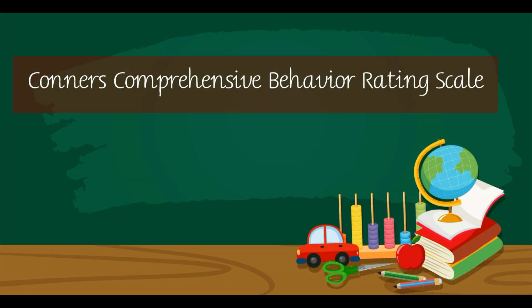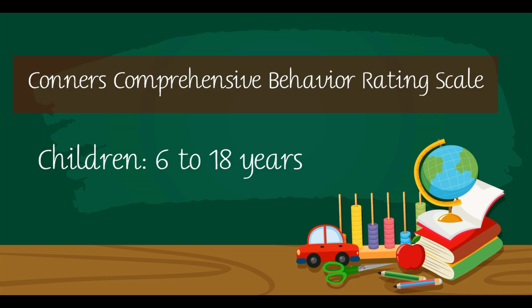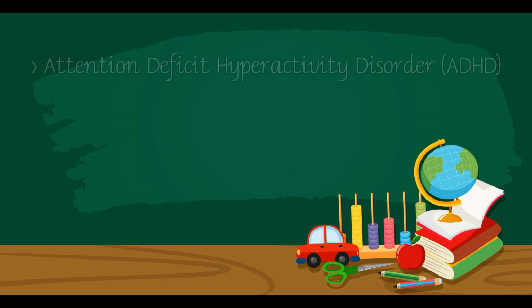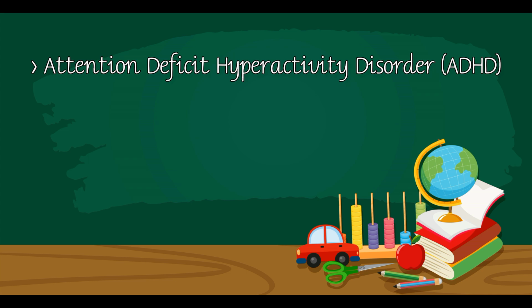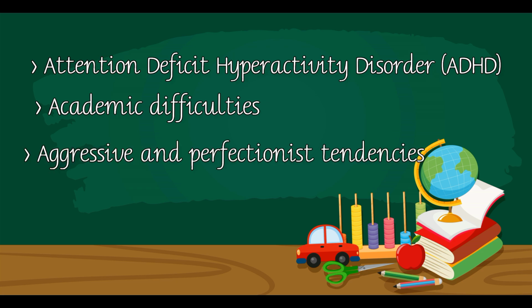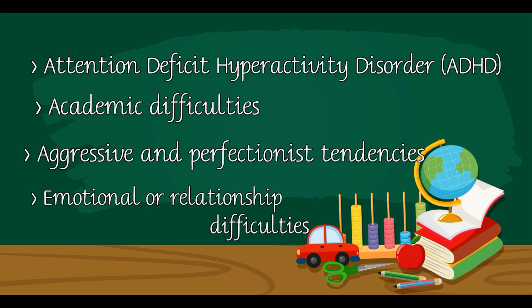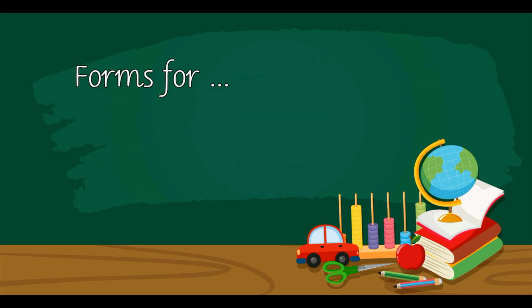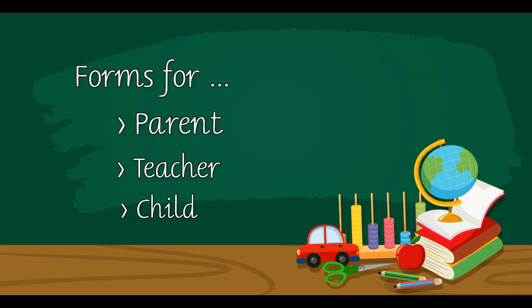This rating scale helps to assess the degree to which children aged 6 to 18 display symptoms of attention deficit hyperactivity disorder. It also screens children for academic difficulties, aggressive and perfectionist tendencies, and emotional or relationship difficulties. It has 3 forms that can be answered independently by the parent, teacher, or child.